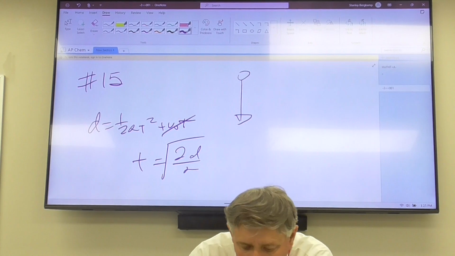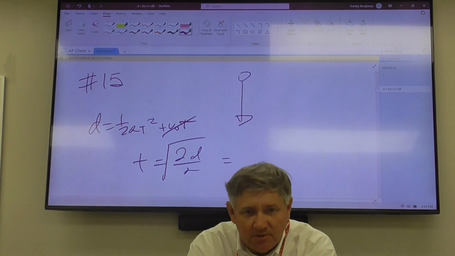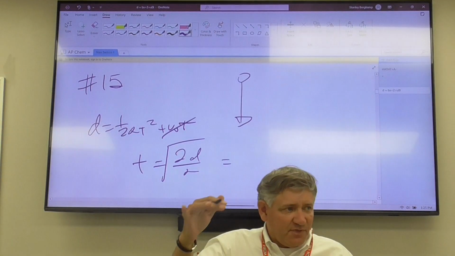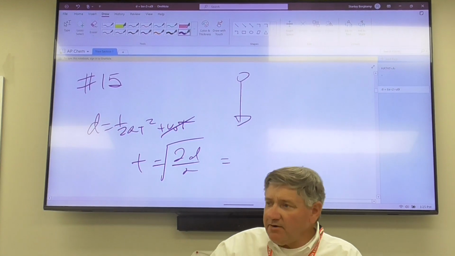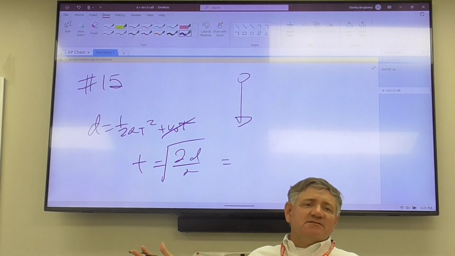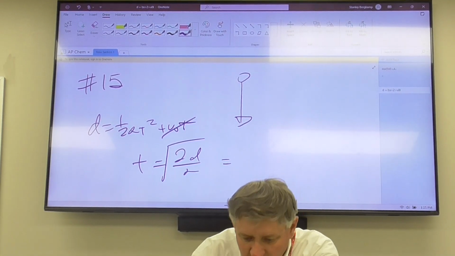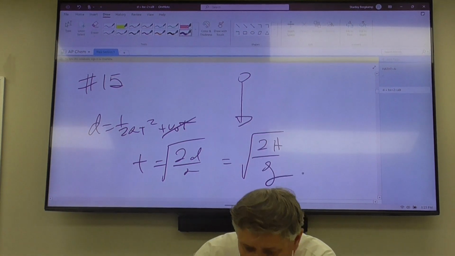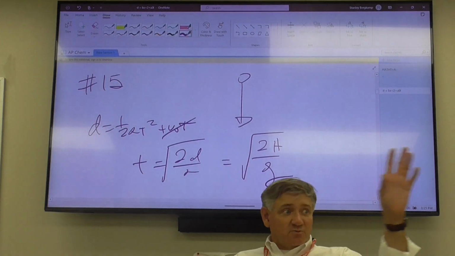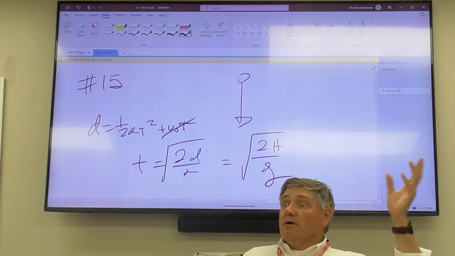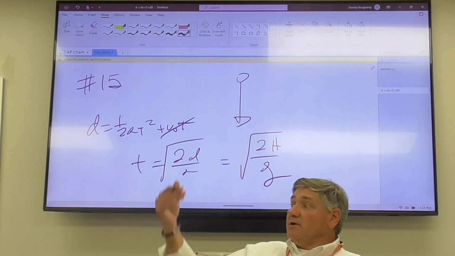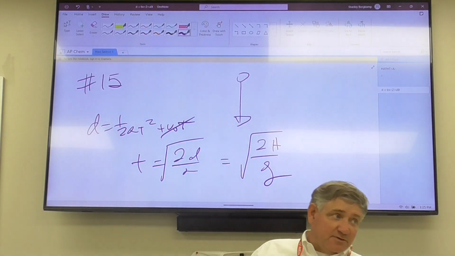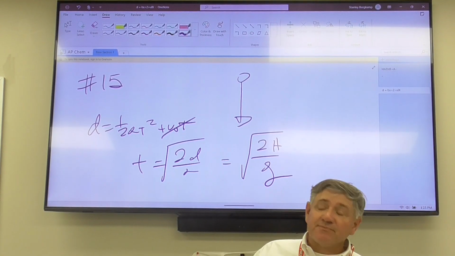So instead of d, you have height, h. I don't know what height h is, I just know it's going to be h. So I'm going to write this as the square root of 2h over g. If my height is 1 meter, I would put in 1 meter. If my height is 2 meters, I would put in 2 meters.